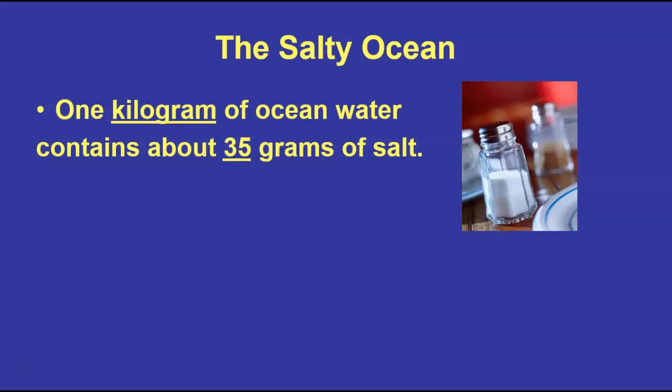Ocean water is 35 grams of salt for every kilogram of ocean water. So if you had a kilogram of ocean water and you could break that down into all its different parts, then about 35 of those grams would be salt. The rest would be H2O and a lot of other things, but 35 grams would be salt.